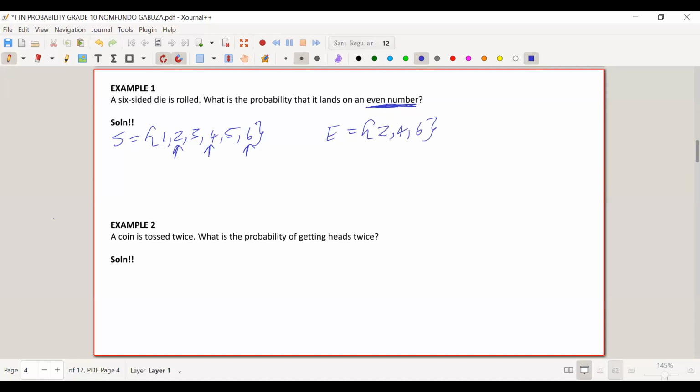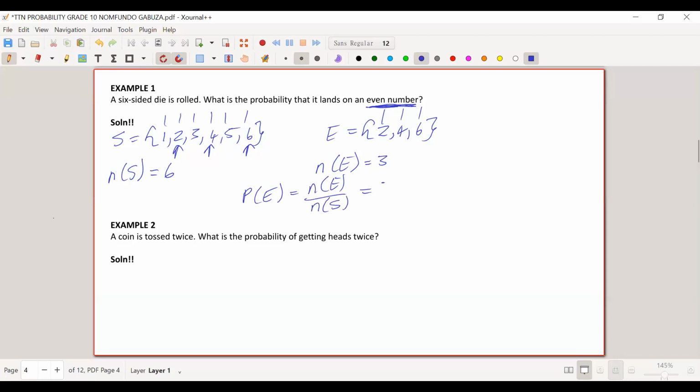So the size of this sample space is going to be 1, 2, 3, 4, 5, 6, right? Which means the size is 6. And the size of this event is going to be 1, 2, 3, which means we have 3. So the probability that it lands on an even number is the size of this event over the size of the sample space.